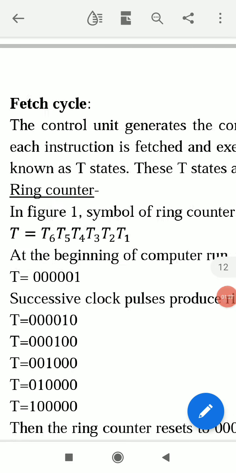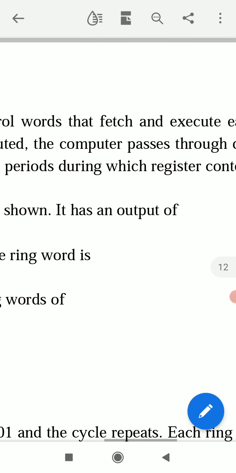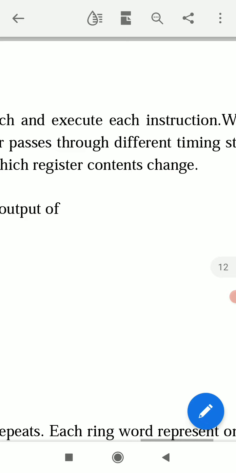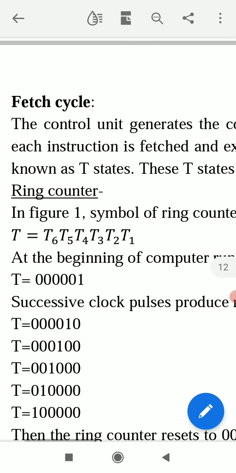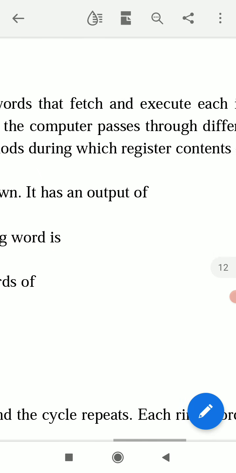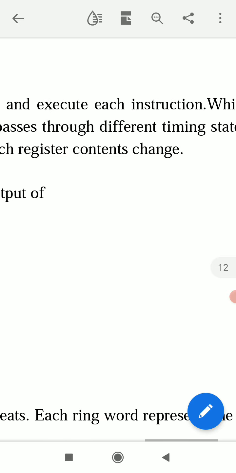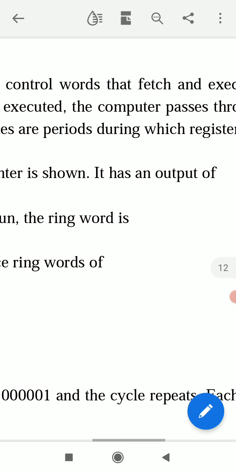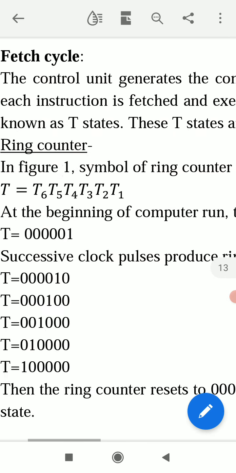So the control unit generates the control words that fetch and execute each instruction. While each instruction is fetched and executed, the computer passes through different timing states or T states. These T states are periods during which register contents change.